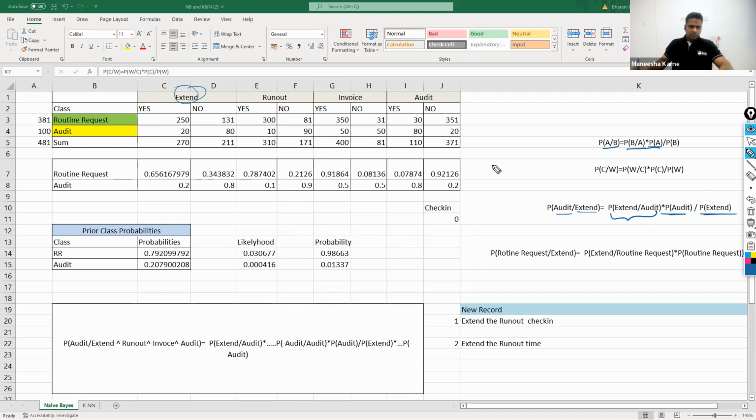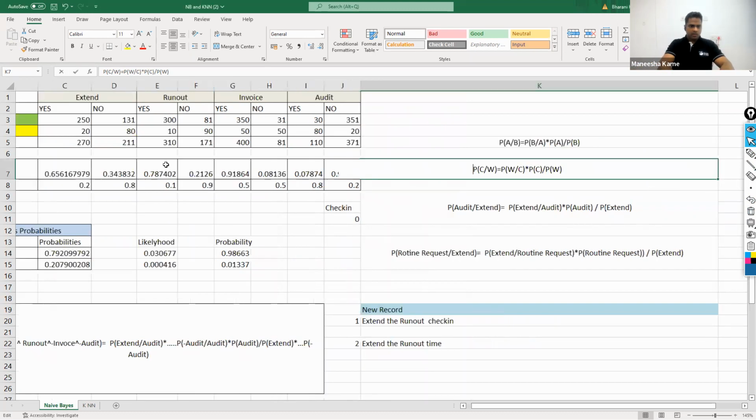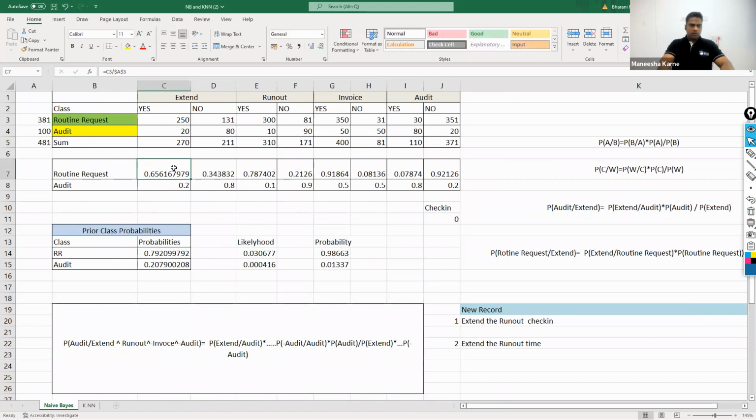Here, you're calculating all of these probabilities. This is nothing but C3 divided by A3. Okay. So C3 is 250, A3 is 381.